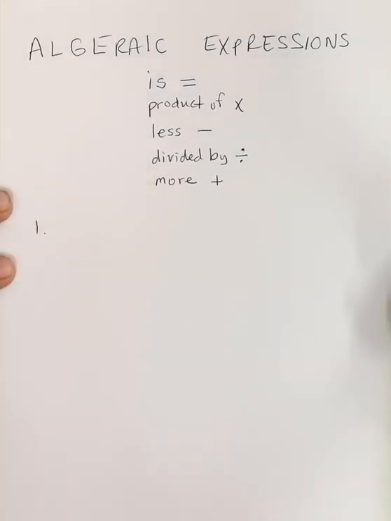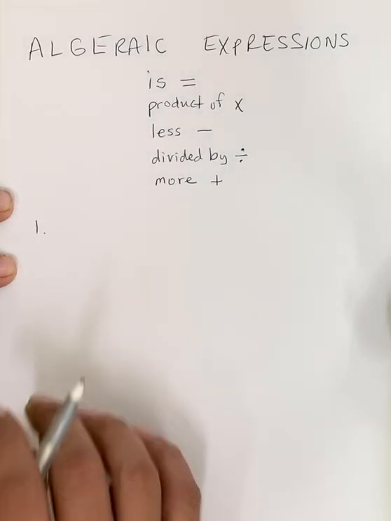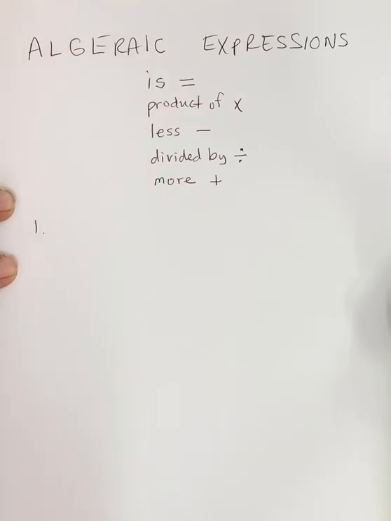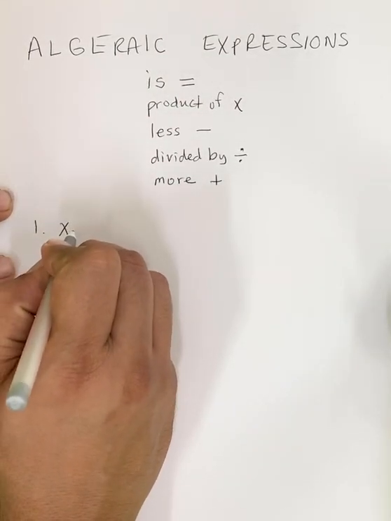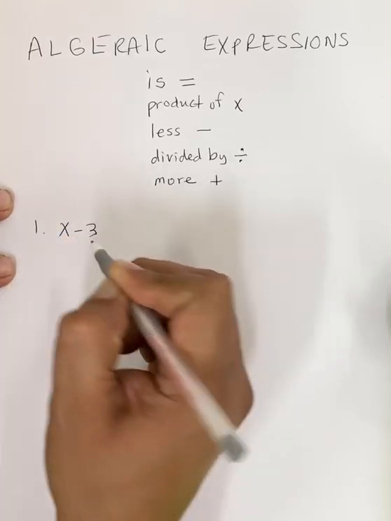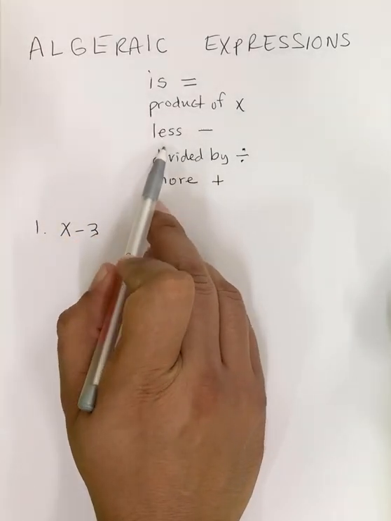If I say 3 less than x, well, basically I'm saying 3 less than x would be x minus 3 because I said less, okay?